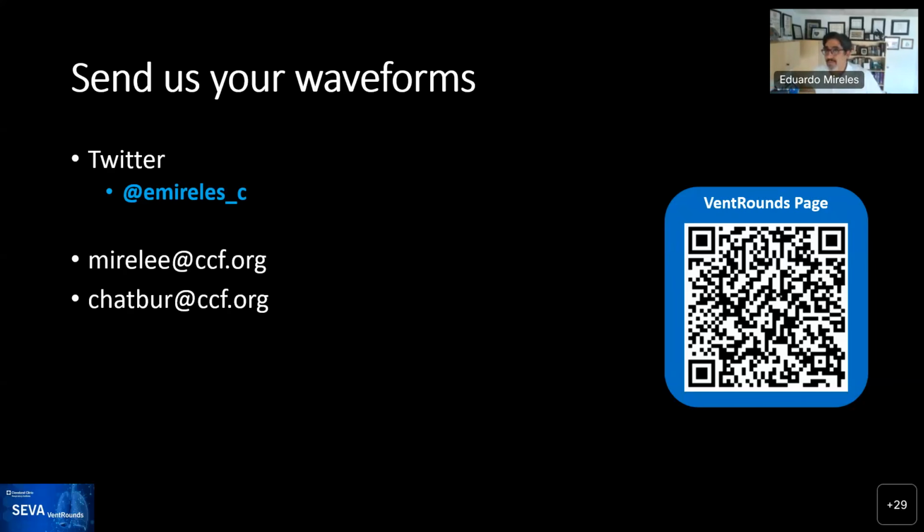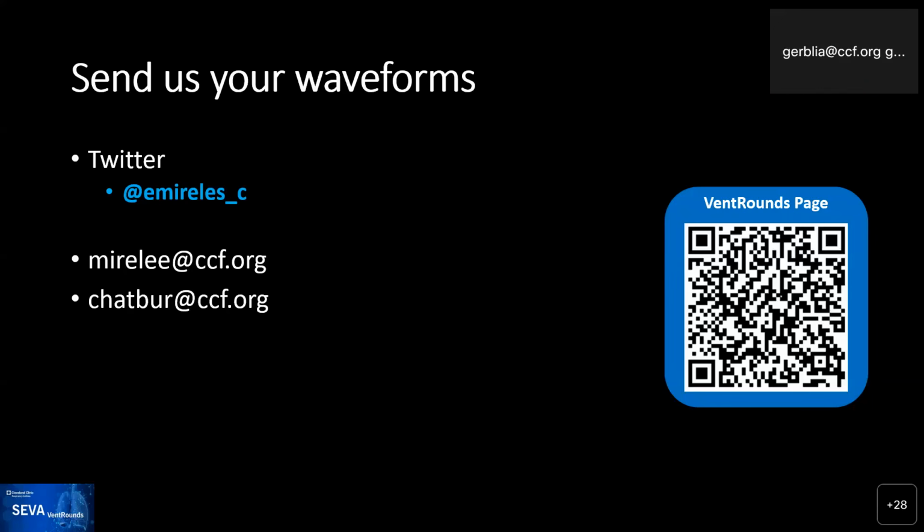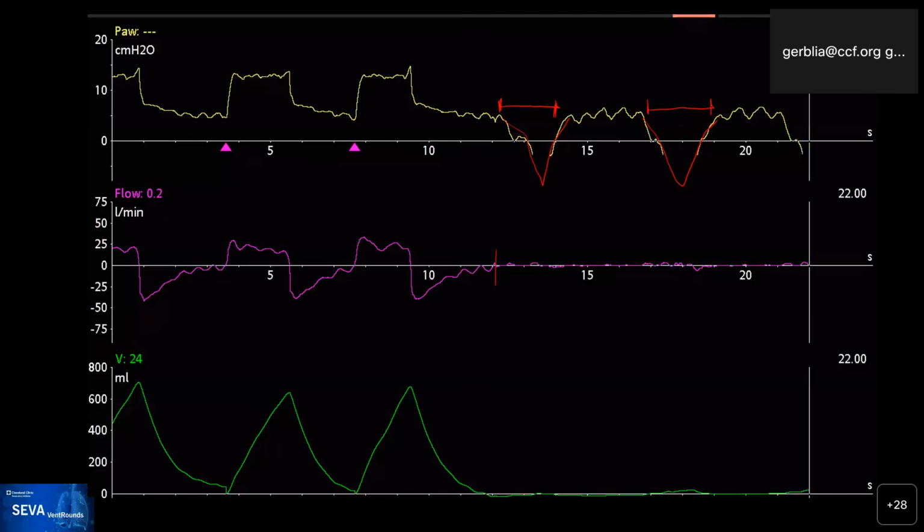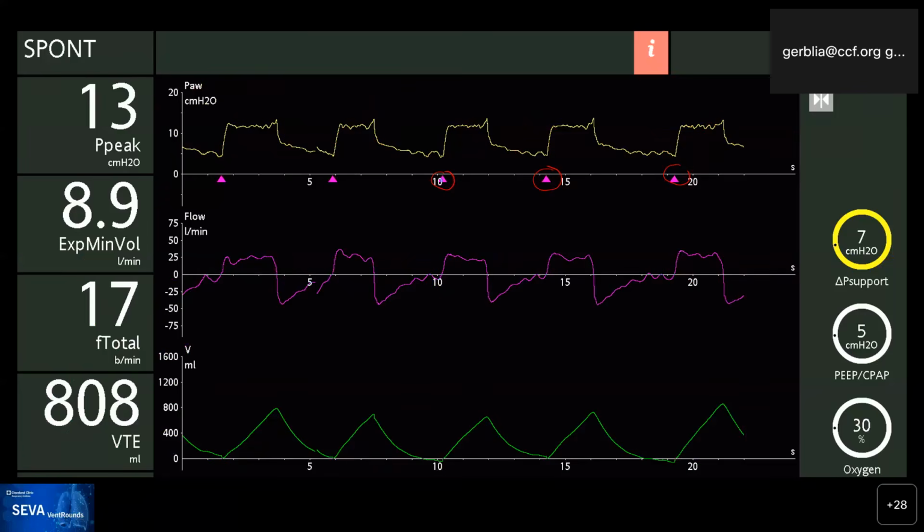The one that you see here is after the fact. I think the dynamics had changed when you can see how the patient is breathing over here. Before, you can see how little effort he generates.